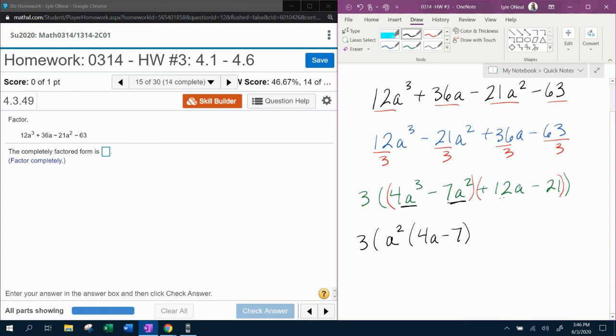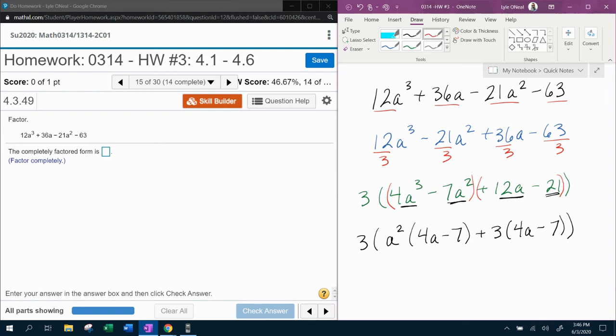In the second group, what divides evenly into 12 and 21? Well, I think 3 does. So we're going to be able to take out a 3. 3 goes into 12 4 times, leaves me a 4a. 3 goes into 21 7 times, leaves me a 7.